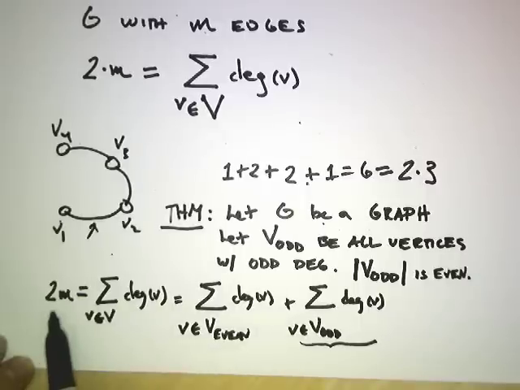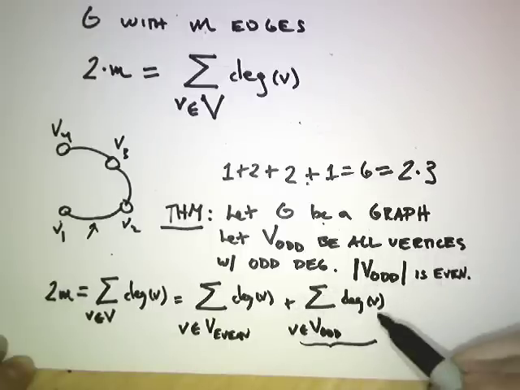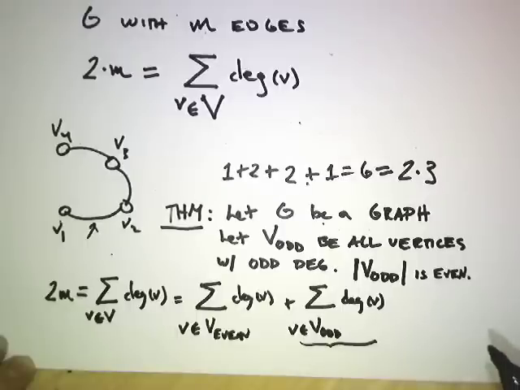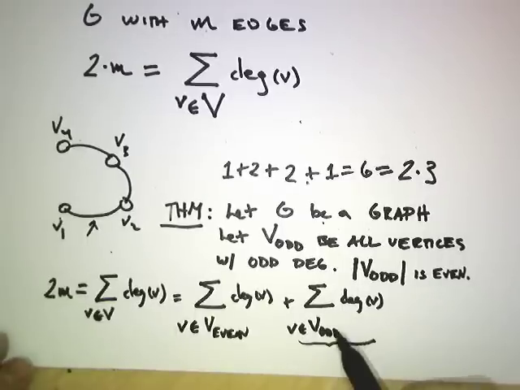Since we have an even equaling a bunch of even numbers summed together plus this sum, we know that this whole sum must also be even, because otherwise this number would be odd. So the value of this sum is even. But each term in this sum is odd. Therefore, there must be an even number of terms in this sum.